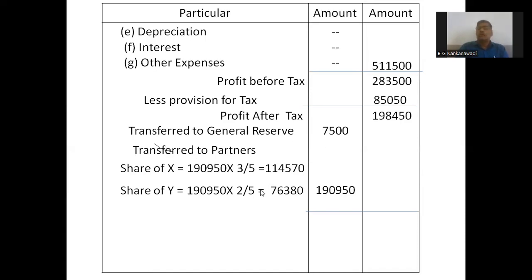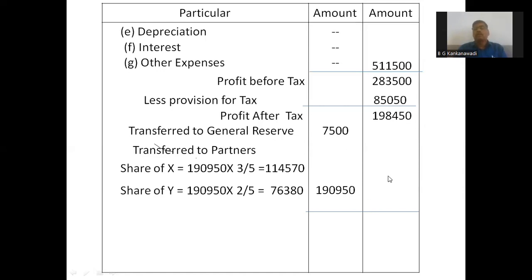So you distribute the remaining profit. Once again you see this 1,90,950, arrived after deducting 7,500 in the balance of profit. Okay. So you take the total of these two.